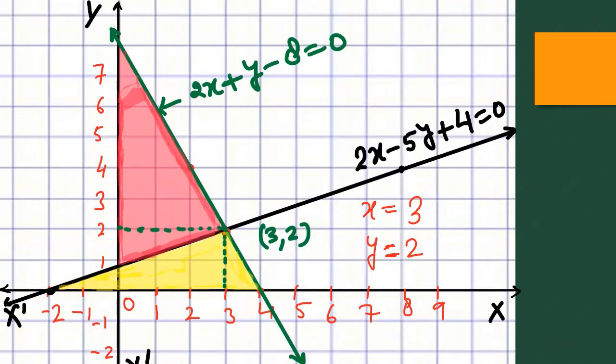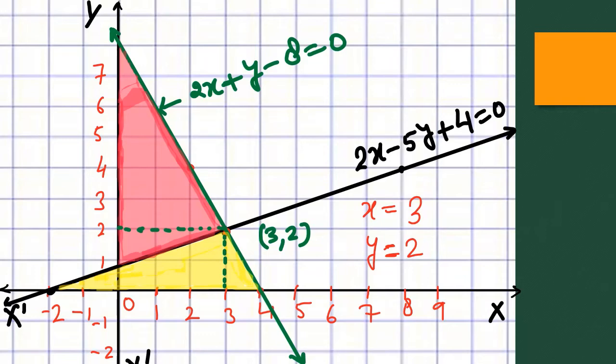So here you can see the graphical method. I have drawn the same graph. Sometimes the question asks you to shade the triangle formed by these lines and the y-axis. See and try to understand the question clearly. This is the y-axis and these two lines.